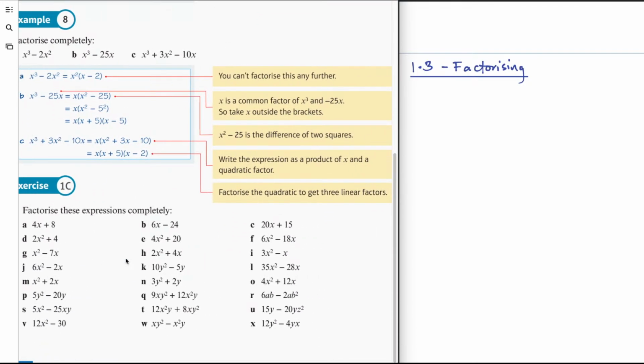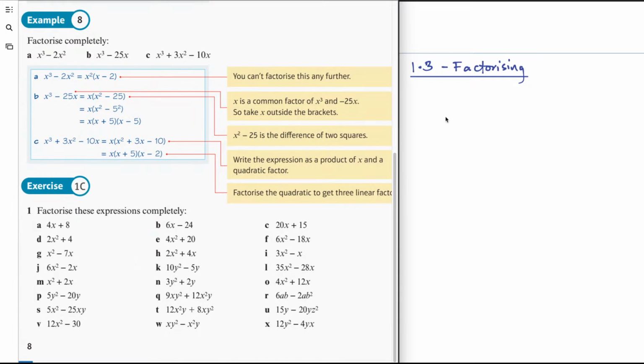Okay, let's practice a few factorizing exercises. Won't spend too long on this, but exercise 1C, I'm going to work through this column here. Zoom in a little bit.